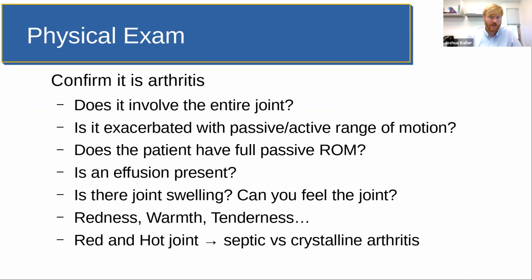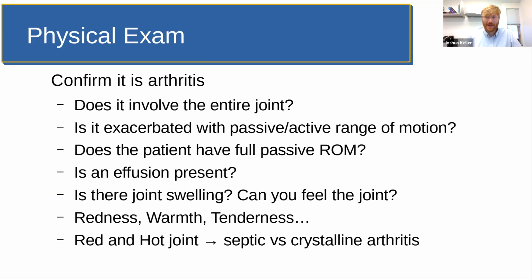It really should have the symptoms present with passive range of motion, presumably pain. It shouldn't just be active range of motion, which points more towards a tendon or a muscle or a periarticular structure if only active range of motion causes the pain. So really try to isolate passive, active, or both.